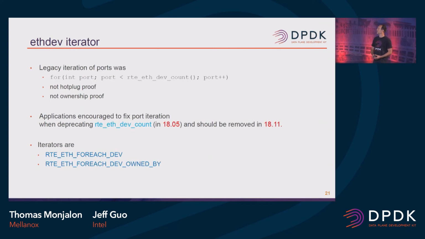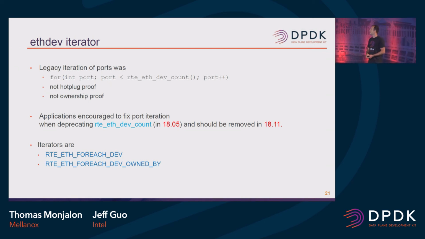There is something else important when managing devices, which is to know what your devices are, to iterate over them. Until now, we were using the function ethdev count. But it's wrong, because when you have Hotplug, you can have some port IDs which are not allocated. And it's also wrong because it's not going through the ownership mechanism.